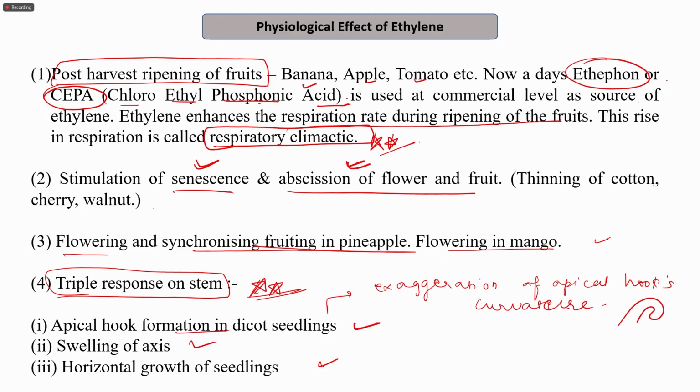It leads to the thickened hypocotyl and horizontal growth of seedling. Therefore, it leads to inhibition of hypocotyl and root cell elongation.